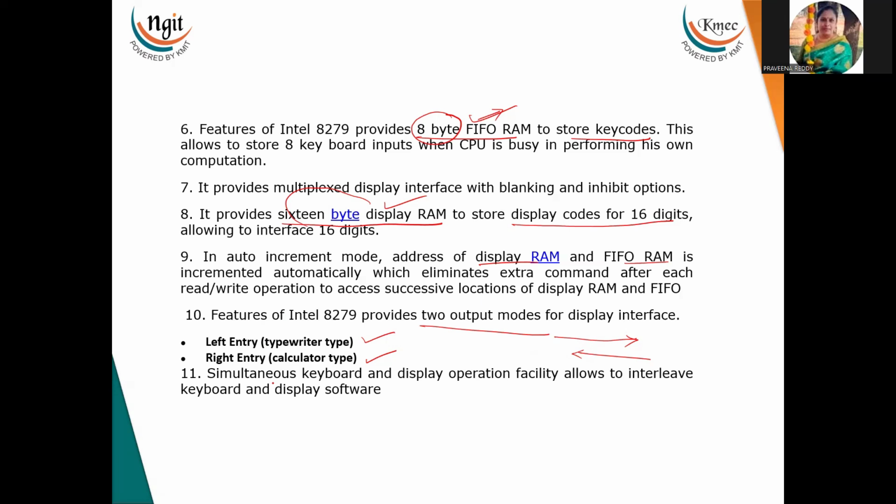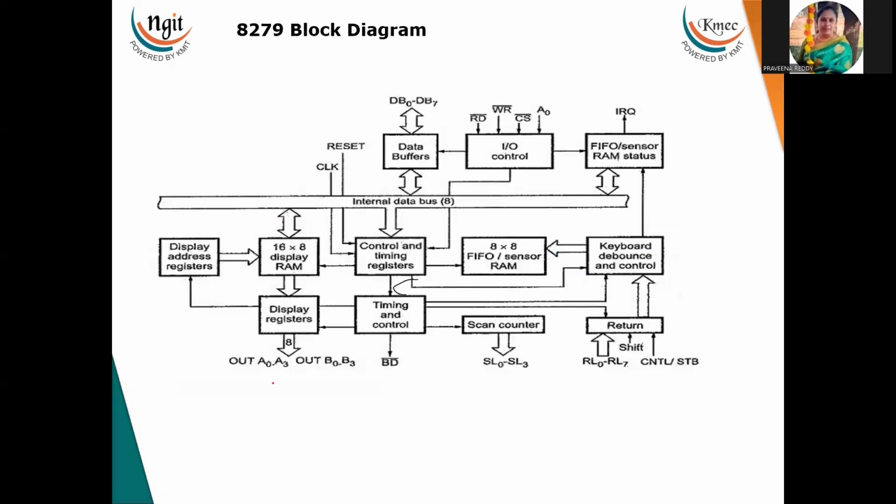So this is about the features of 8279, and this is the block diagram of 8279. We have already discussed that the 8279 pins are divided into 4 sections. Here you can see the data bus buffer, I/O control, control and timing register, and timing and control. Together these 4 form the CPU interface section.